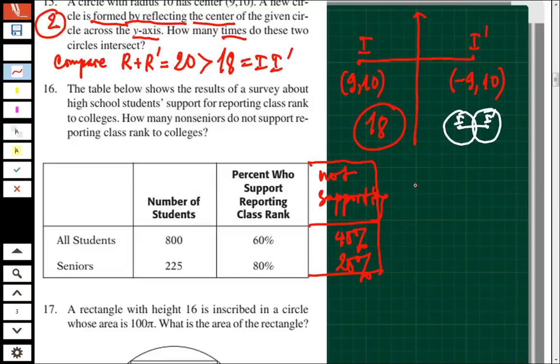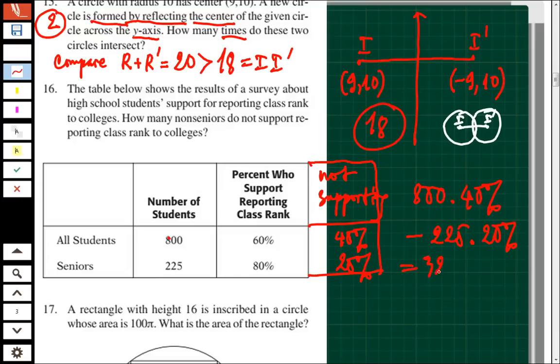We just take 800 times 40%, subtract 225 times 20%. Just need to cancel 100 here. 40 over 100.